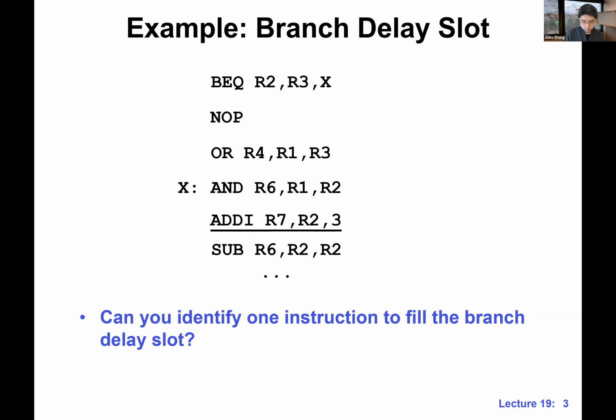But what if we change the sub instruction to write to R7? I should not have changed this one. Sorry, I actually wanted to change this guy, R7. Sorry for confusing you guys. I meant to change this one. So then there's this dependency. Good question. I changed the wrong register index. Is it clear now? Yeah, now it's clear. Thank you.